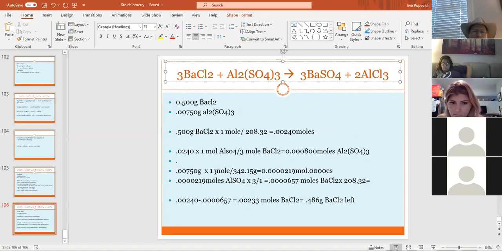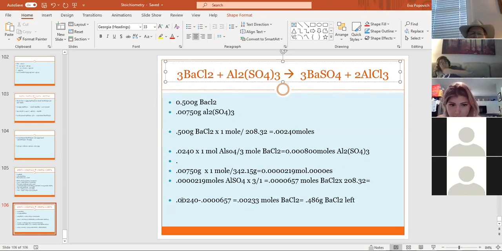Since the aluminum sulfate is my limiting reagent, I have to figure out how much barium chloride that uses up. So I take my moles of aluminum sulfate and multiply by 3 moles of barium chloride over 1 mole of aluminum sulfate. This gives me 0.0000657 moles of barium chloride.